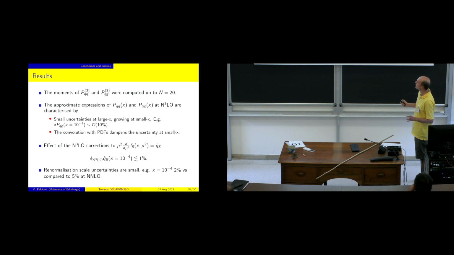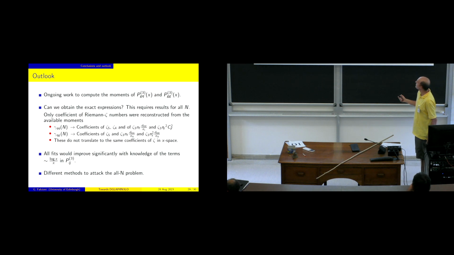The gluon-to-quark still has some 10% uncertainty, but this becomes very small after you convolute with the actual PDFs. The effect of the N3LO correction on the scale evolution of the singlet is of order 1%, which is quite good, and we always get scale stability, which is much better than next-to-next-to-leading order, going down below 2% compared to the 5-6% that we had.